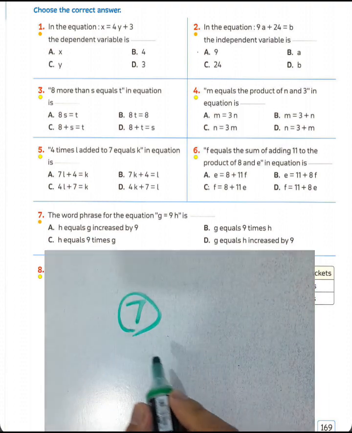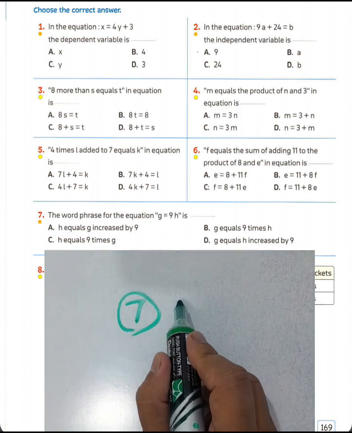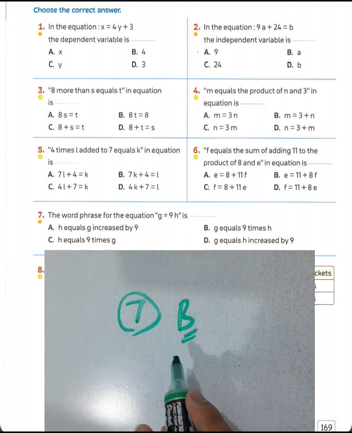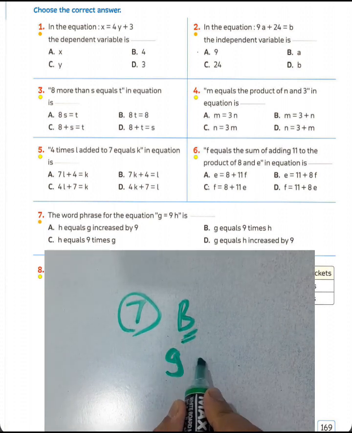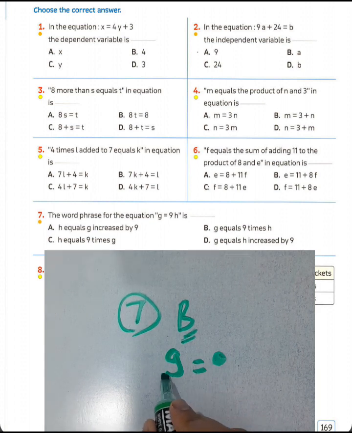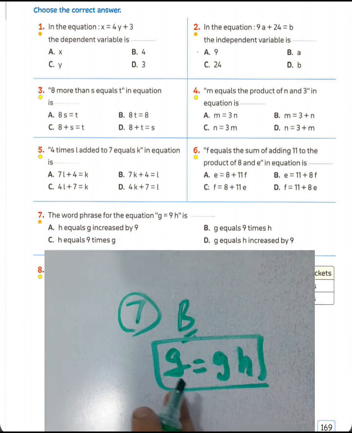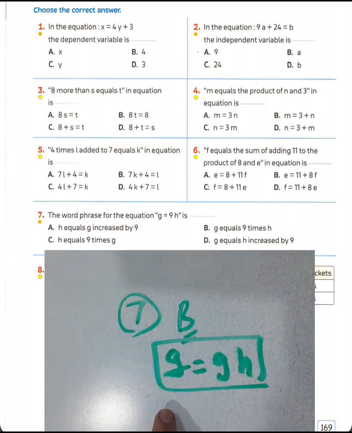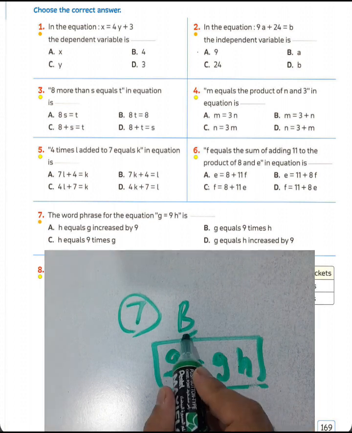Question 7, we must choose letter B. We can read this equation G equals 9H as G equals the product of 9 and H, or we can write G equals 9 times H. Again, G equals 9 product by H, or G equals the product of 9 and H, or we can call it G equals the times between 9 and H. G equals 9 times H. Choose letter B about question number 7.